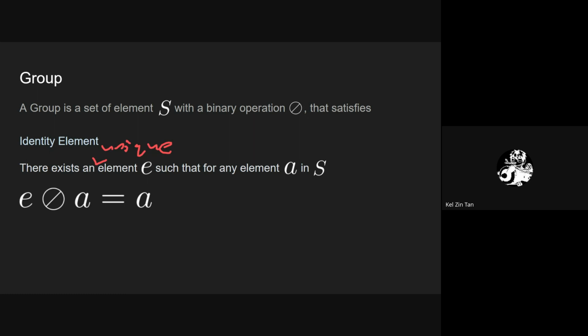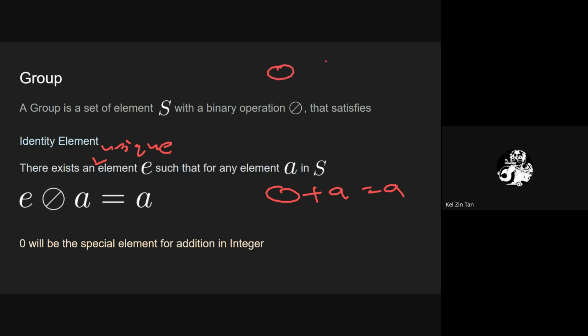In the integer example, 0 will be this special element, because 0 plus A will be equal to A, that is obvious. But for division, this might not be that true, right? Because 0 divided by A is definitely not A. So we still have to find this element.